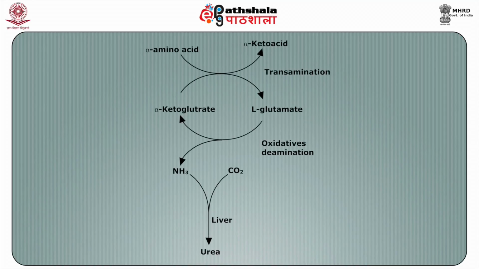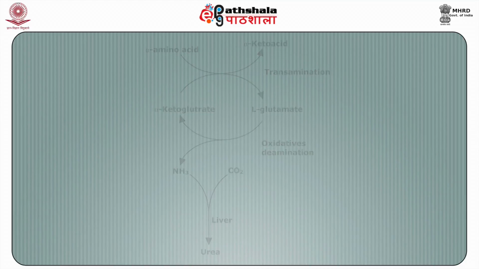Most amino acids can undergo transamination, but very little oxidative deamination. Glutamate is the only amino acid which undergoes both. The combined transamination and oxidative deamination lead to removal of ammonia and its transport to the liver for urea formation.